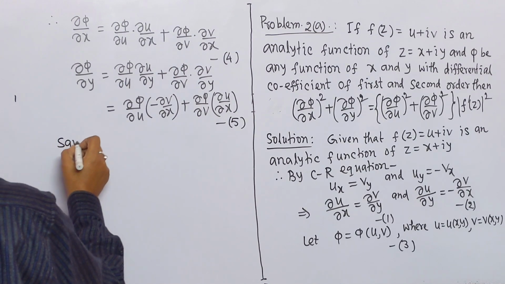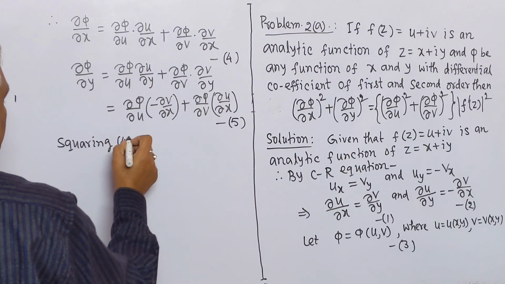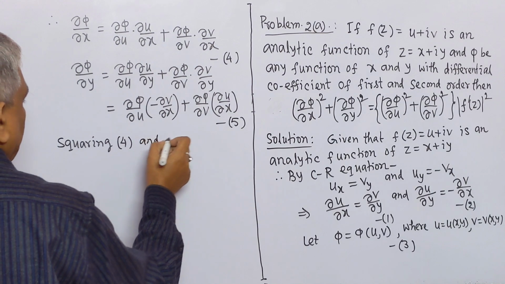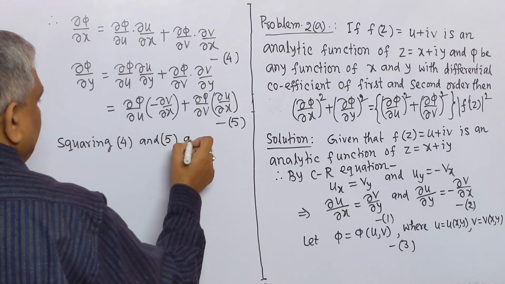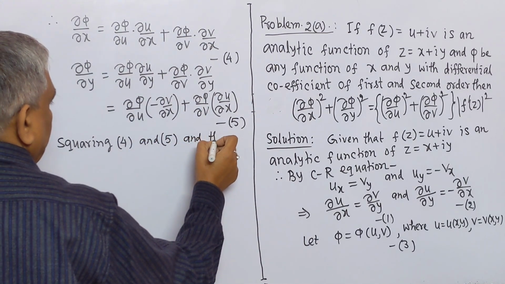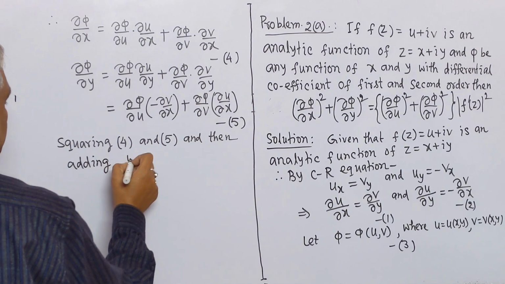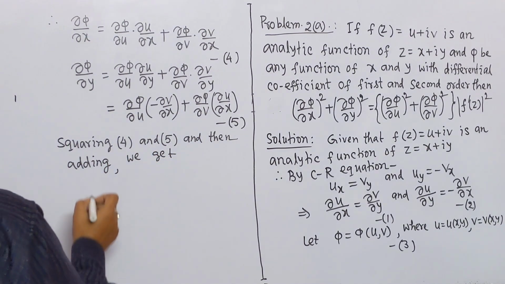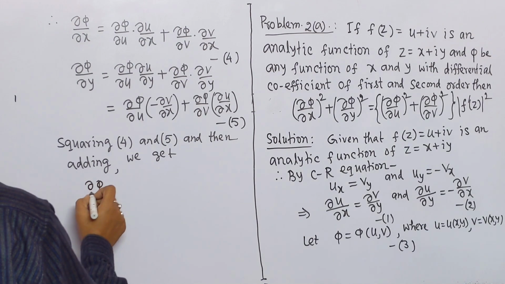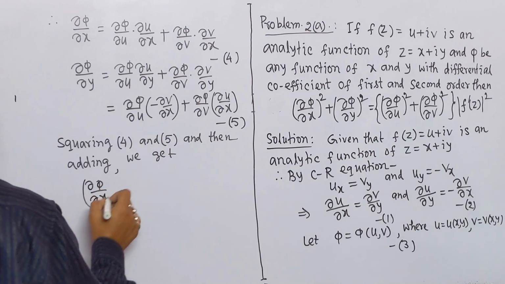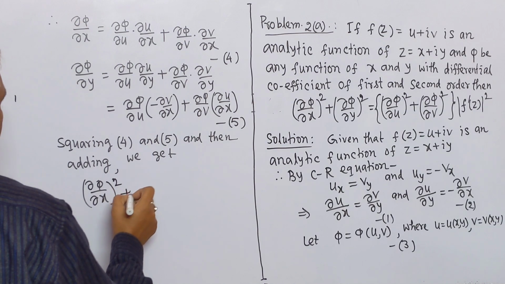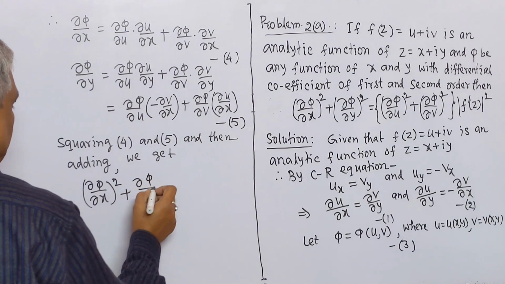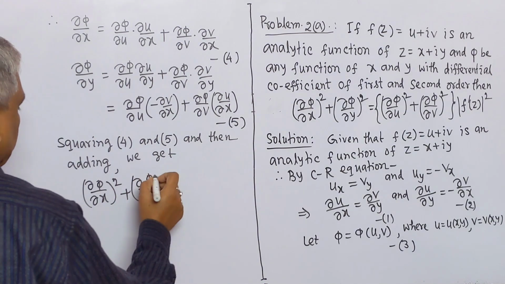Squaring 4 and 5 and then adding, we get the left side: del phi by del x whole square plus del phi by del y whole square.